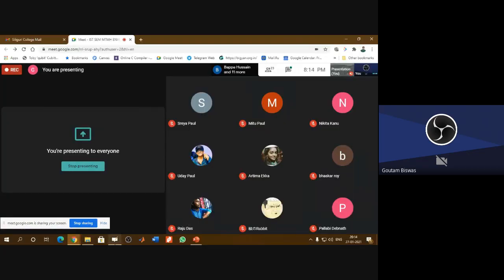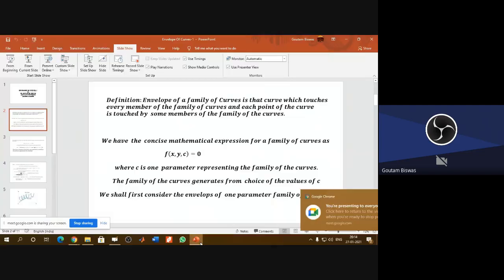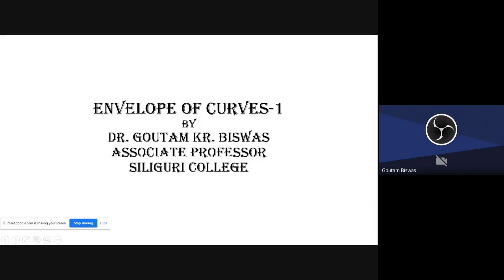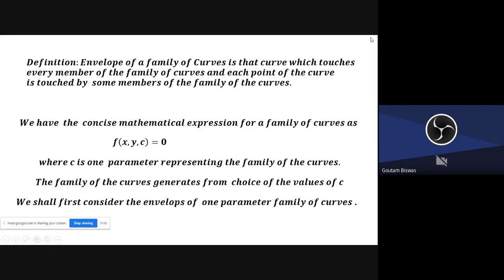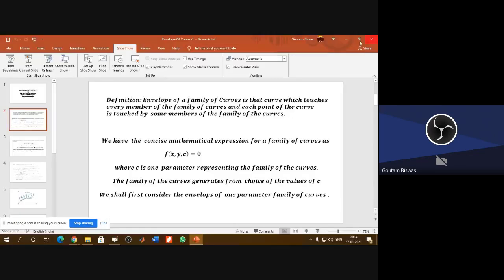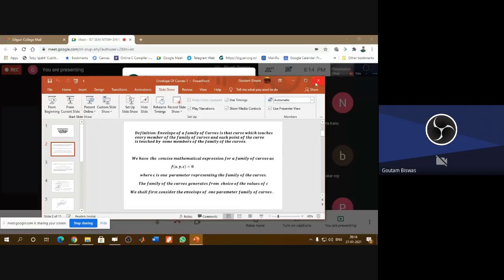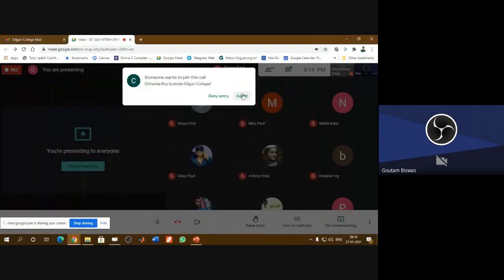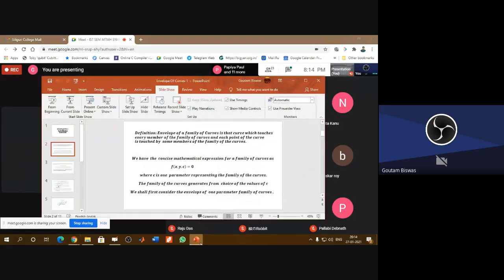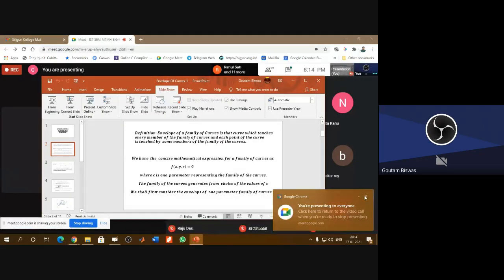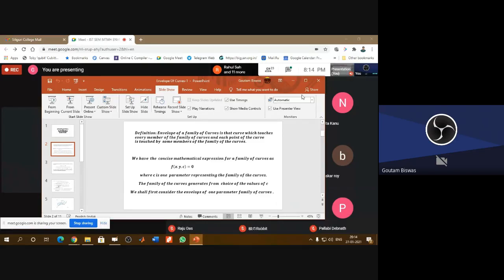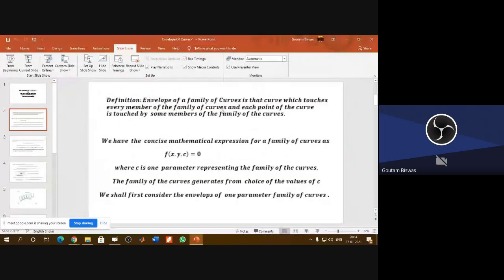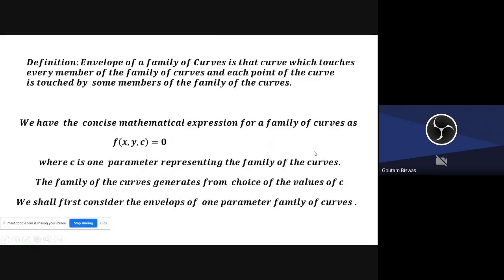Now see, the definition is like this. Envelope of a family of curves is that curve.